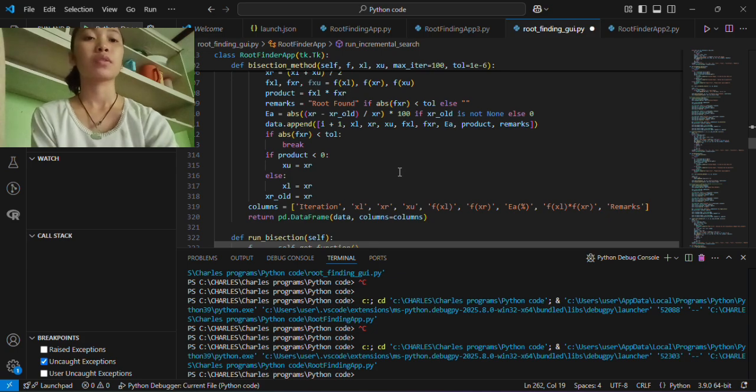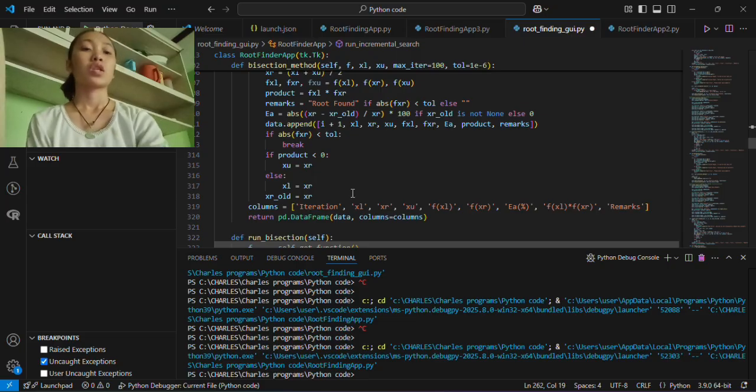These following codes are the ones who compute midpoint, xr, evaluate f of xl and f of xr. This code also calculates approximate relative error, Ea, if possible.